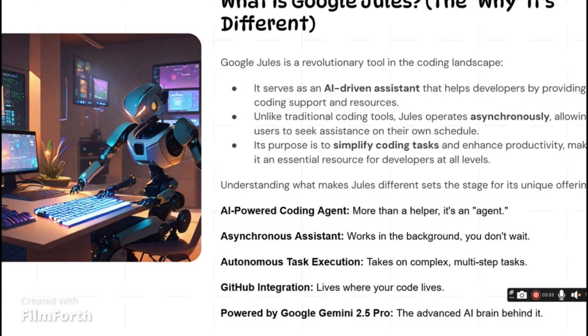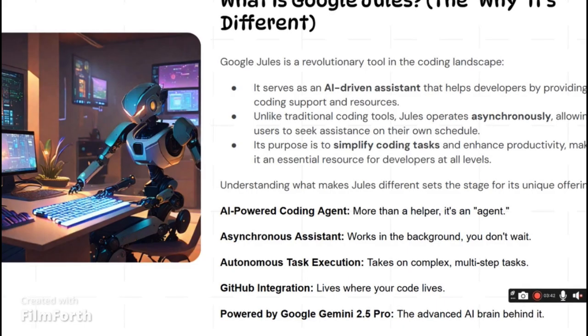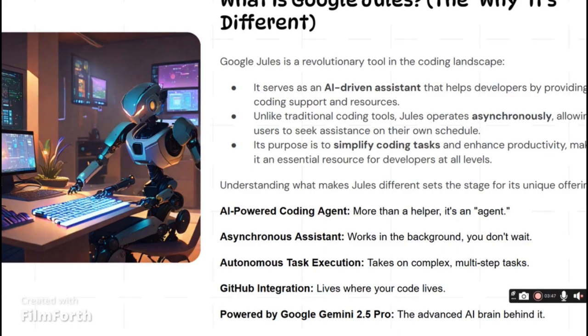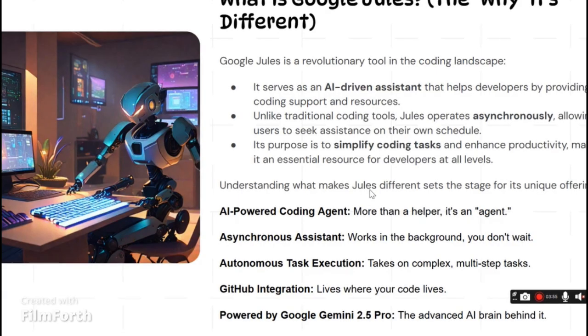So this is the best feature. Before starting to work on your context, he reads your complete repository as context, and after that he asks for the changes you want in this repo. So basically this is how Google Jules works.